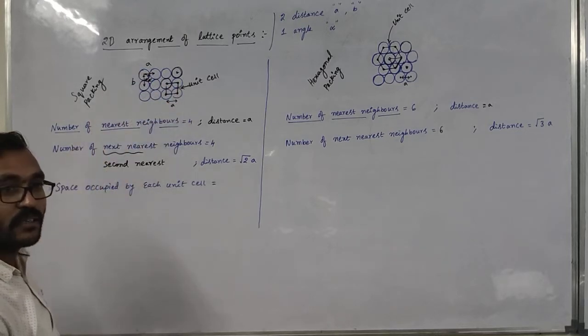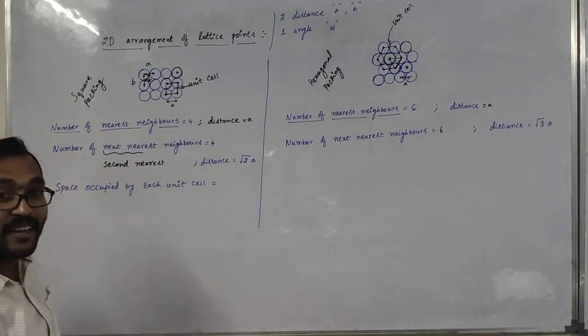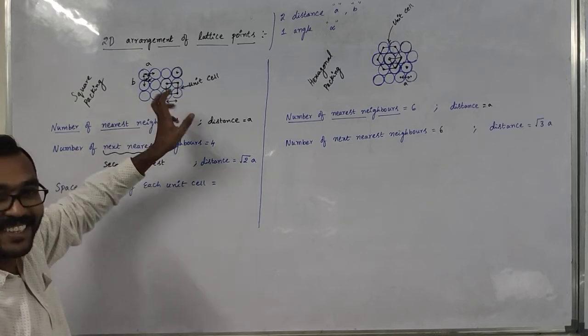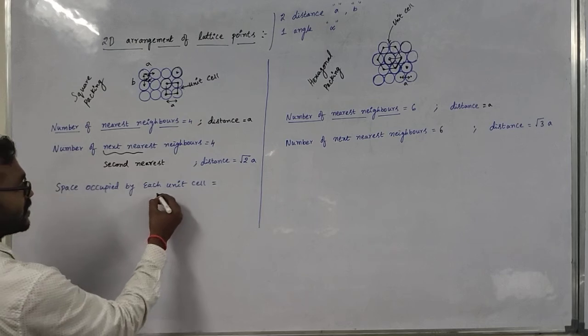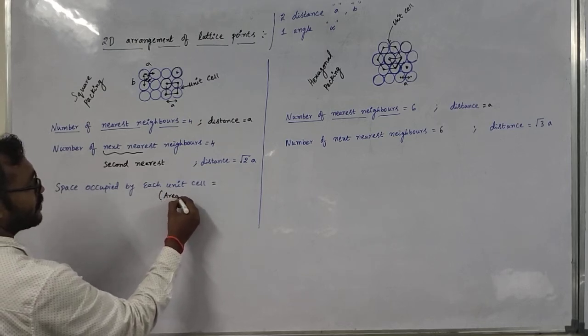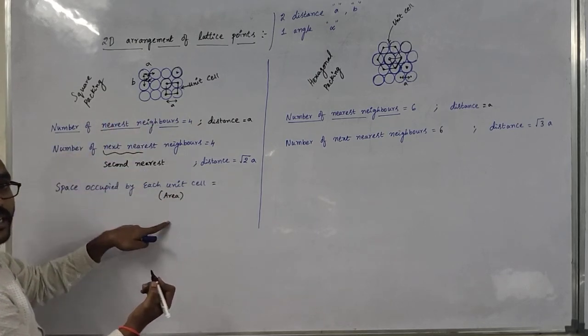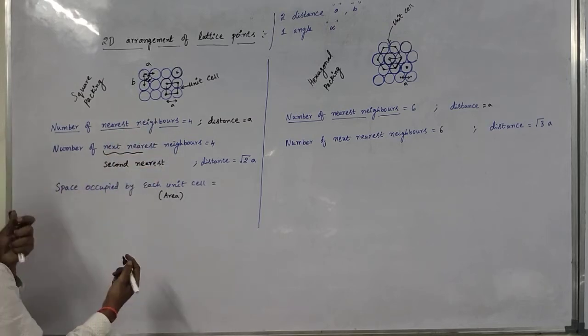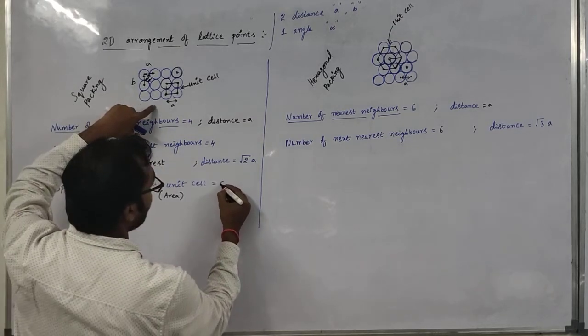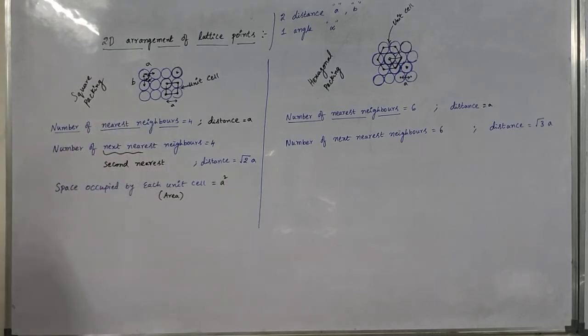What is the space occupied? A square. It is not perimeter. It is area. Right? Space occupied by each unit cell is nothing but area. This is 2 dimensional, that's why we are calculating area. If it is 3 dimensional, we will calculate volume. So space occupied by each unit cell is nothing but a squared.